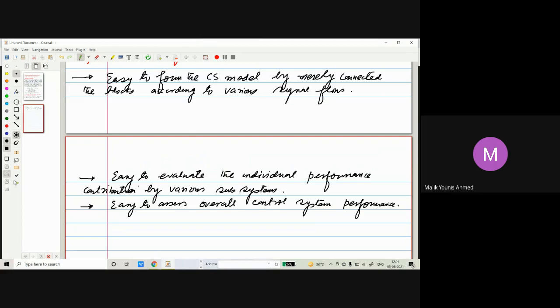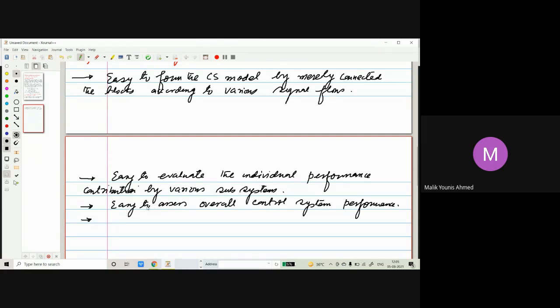If you have a precision set point, say in an automatic heating system or automatic room temperature control, you can see the performance of each individual block as well as of the overall control system: the set point value we have used in the control system, the actual output we are getting, how much the difference is, and how we can improve it further. The control system engineer can look into this and even make modifications to improve the overall control system.